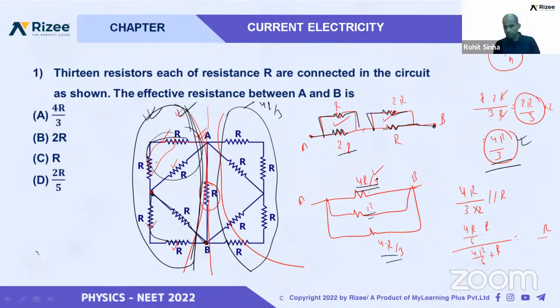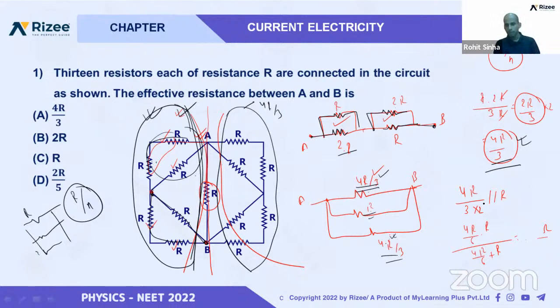What we did: this 4R by 3 and this 4R by 3 are the same and in parallel, and we know that for any resistance R in parallel, if both are the same, the shortcut is R by n, where n is the number of times they are repeating. For 4R by 3, it is repeating 2 times.